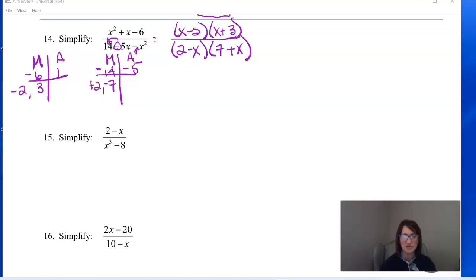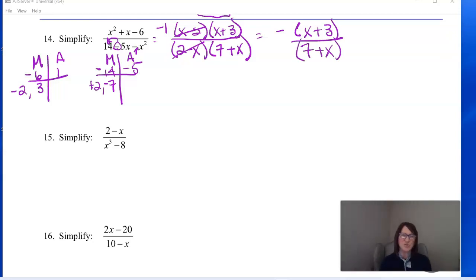So these two, x minus 2 and 2 minus x, are equal to negative 1. And so we end up with negative x plus 3 over 7 plus x. There we go.